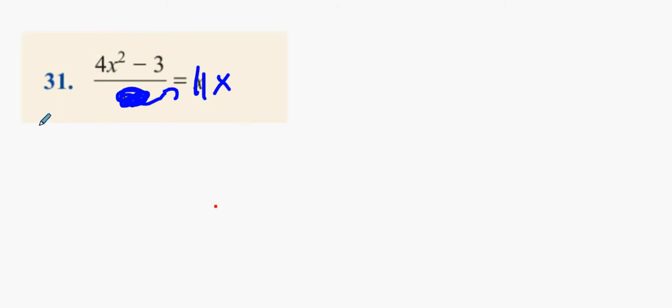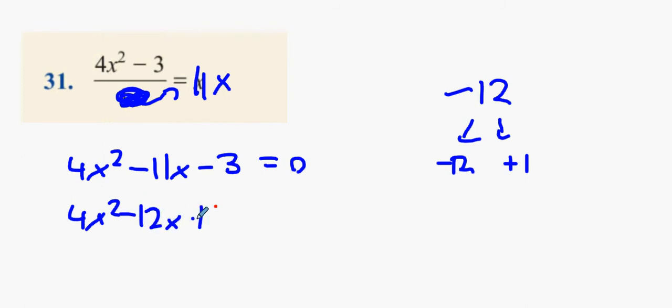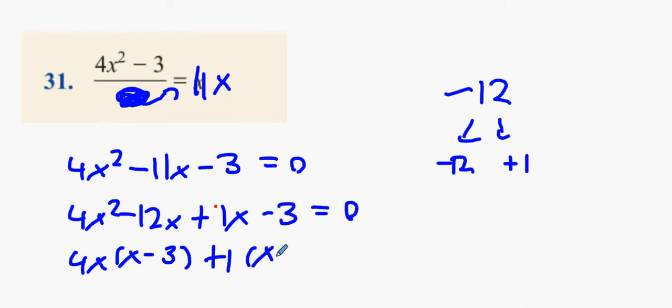Bring the 11 over the other side then, so you get 4x squared minus 11x minus 3 equals 0. You get a reference number of minus 12, which means you're using minus 12 and plus 1. You're going to get 4x squared minus 12x plus 1x minus 3 equals 0. You're going to get 4x into x minus 3 plus 1 into x minus 3 equals 0.